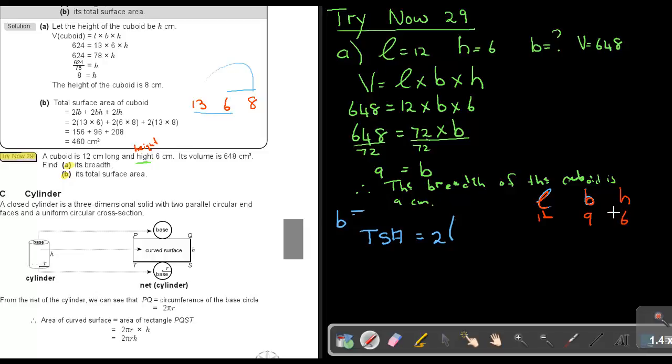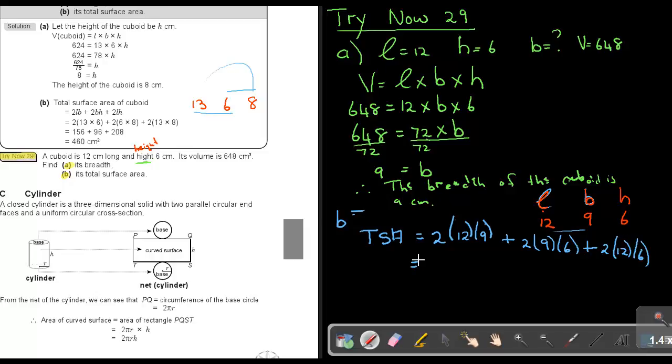This is 6, and this is 12. So basically, the first two, it's 12 and 9. Plus 2, the last two, 9 and 6. Plus 2, the first and last, 12 and 6. You can just do it like that.